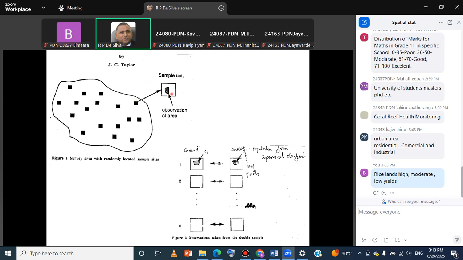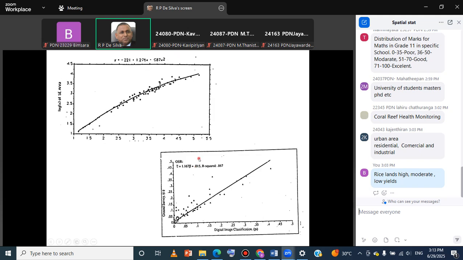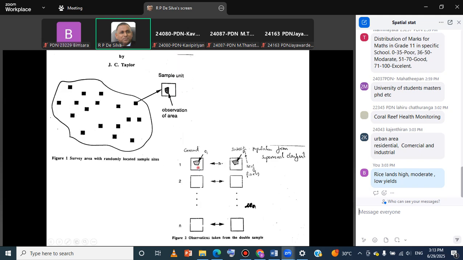So take your surveying equipment, go to each area, then measure the area under paddy. And then if you take the first sample, your area under paddy is, sorry, C1, C2, C3, C4, and you have n number of samples.